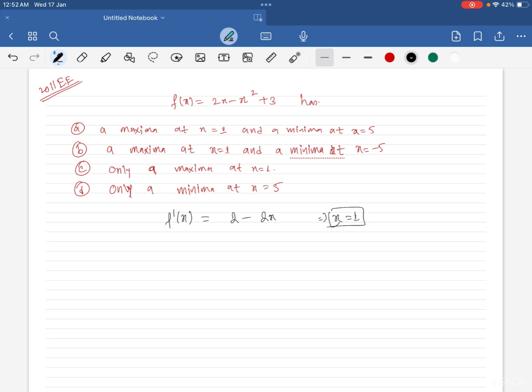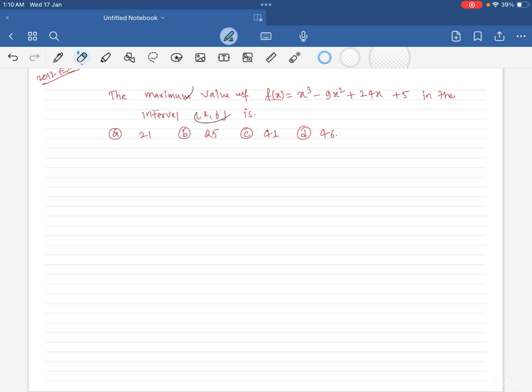We can check f double dash x is equal to minus 2, that is less than 0, so this point is a point of maxima. So we have the point of maxima at x equal to 1, so option C is correct.